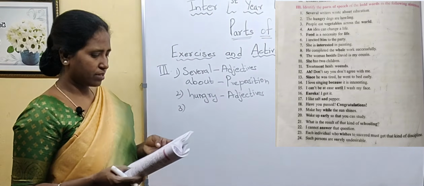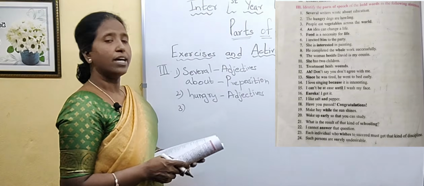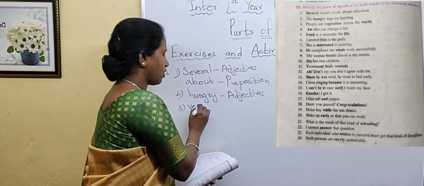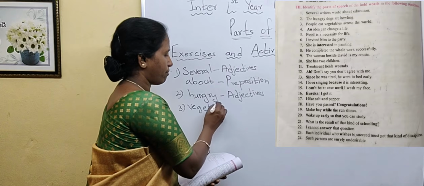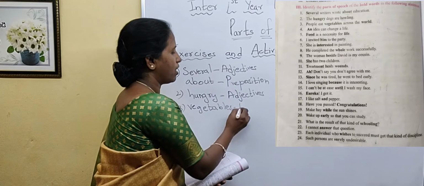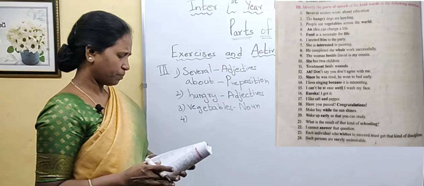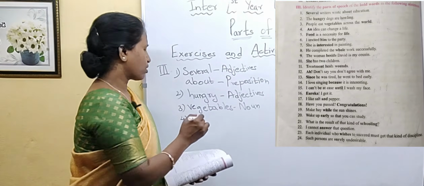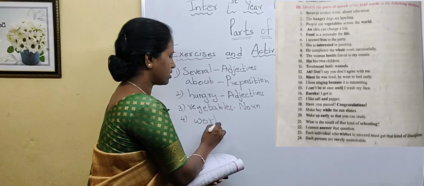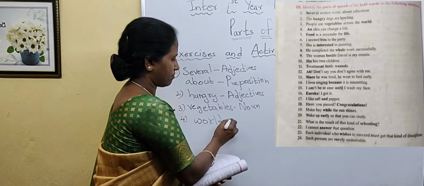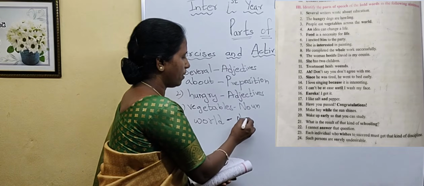People eat vegetables across the world. Vegetables is already in plural form, so it is a noun. And across the world, world is the name of a place, so it is also a noun.